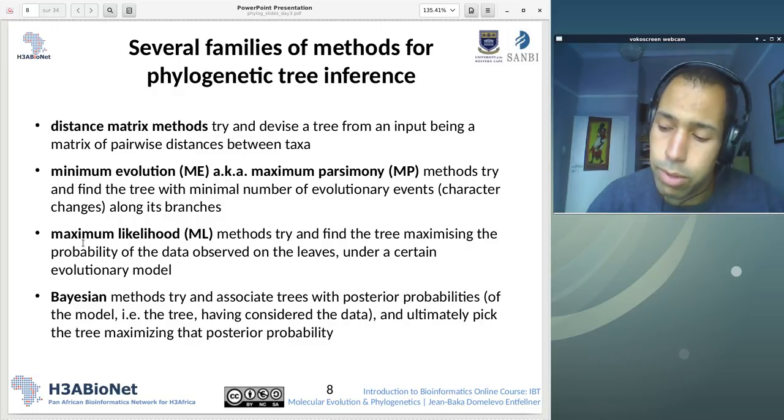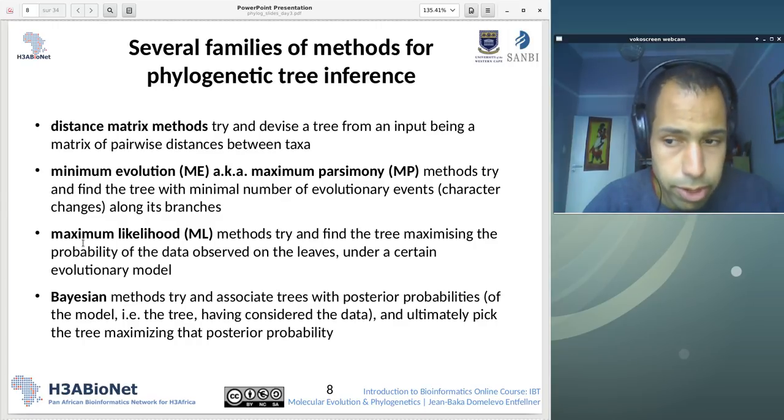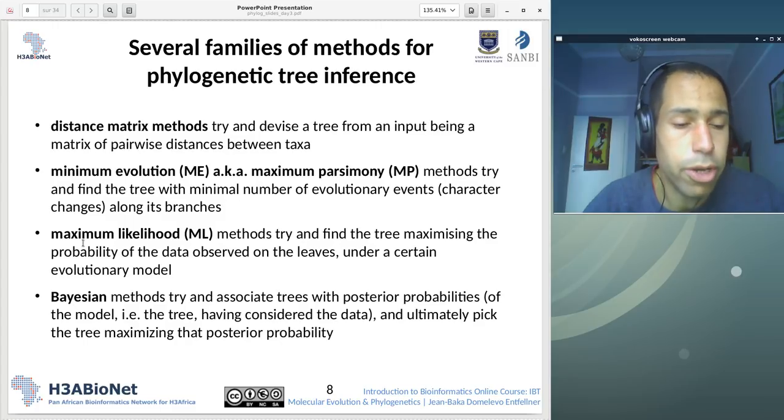So we talked about this in the question and answer session yesterday, and we're going to define likelihood again in our last session on day 4. The likelihood is the probability of the data knowing the model, and maximum likelihood methods try and maximize this certain probability.